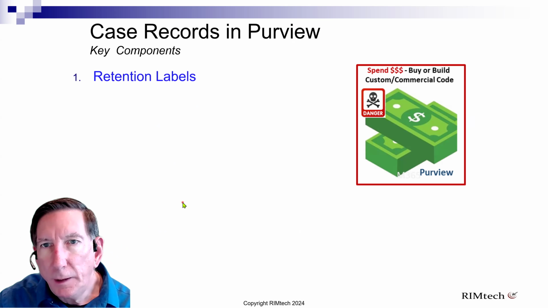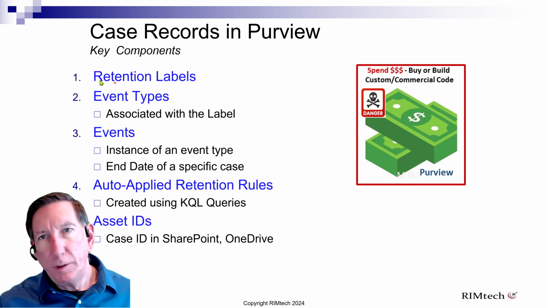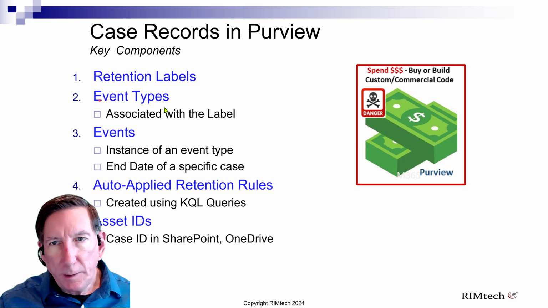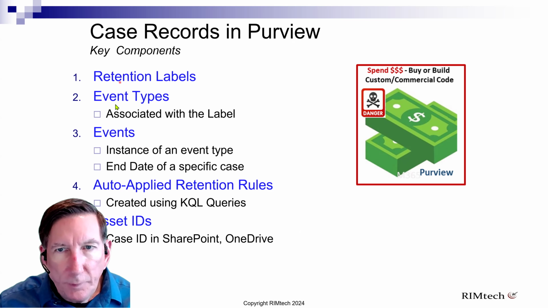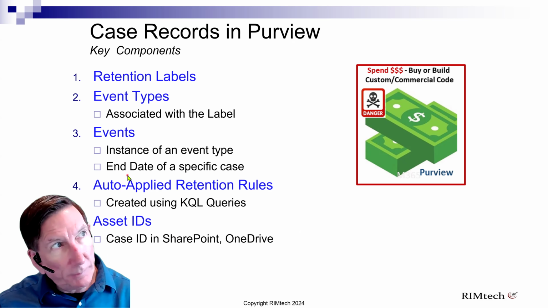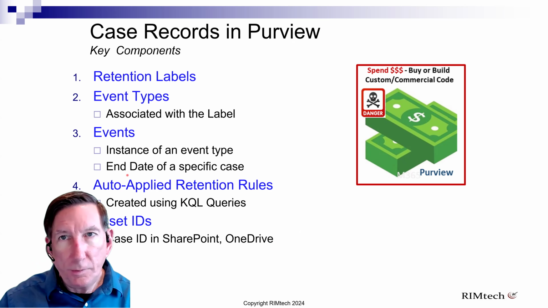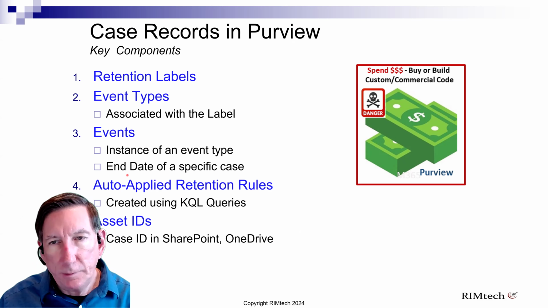Now, here are the key components we have to go through: retention labels, event types, events, auto-apply retention rules, and asset IDs. If you are not familiar with these things, then this is going to be Greek to you. Like I said before, there were 7 things you need to know in order to understand event-driven records in Purview.